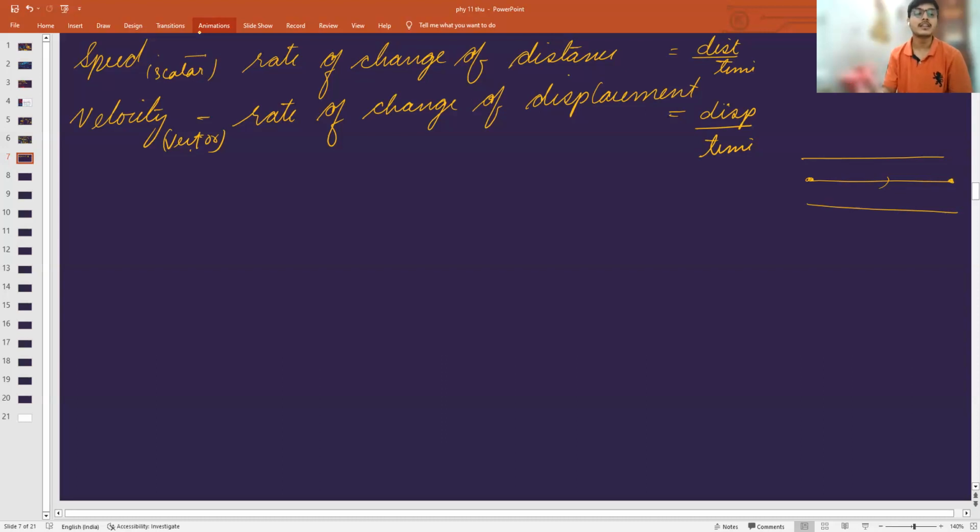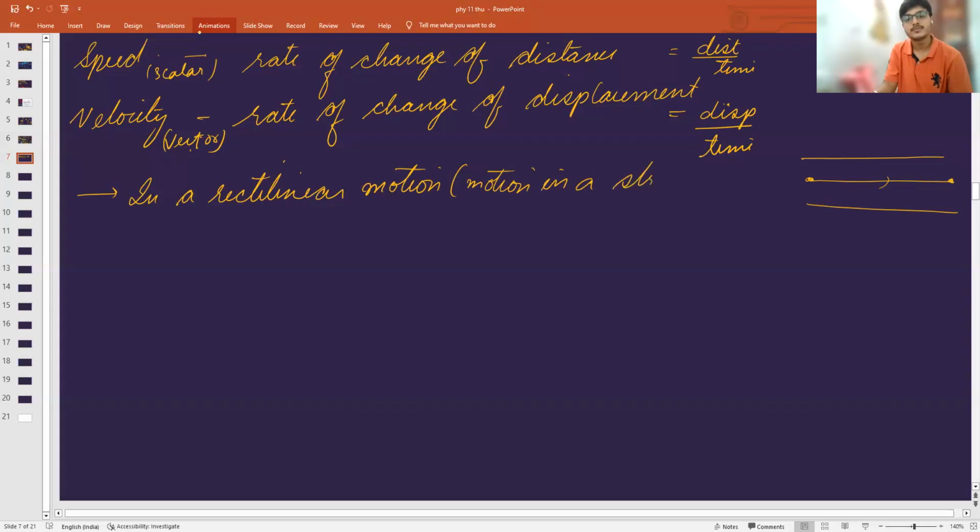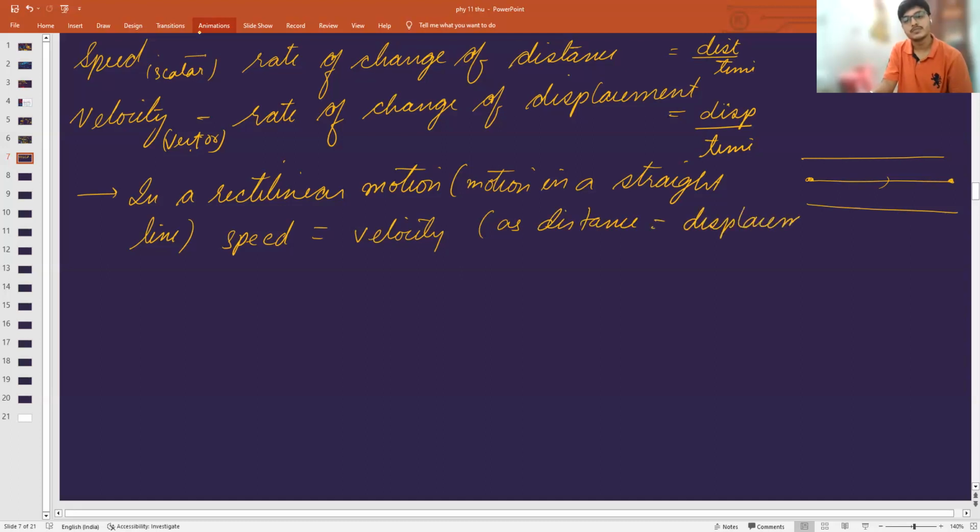So in rectilinear motion, that is motion in a straight line, speed is equal to velocity, because distance is equal to displacement.